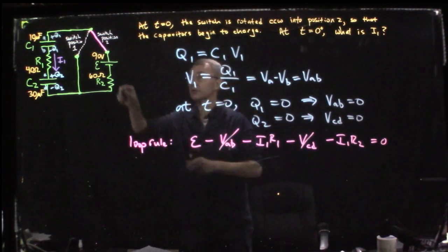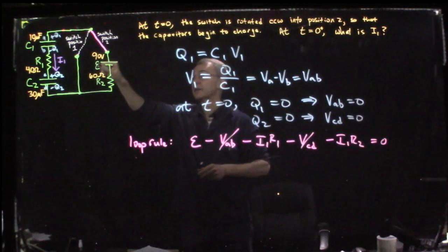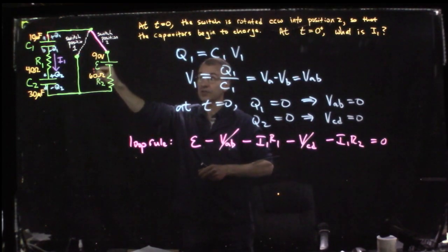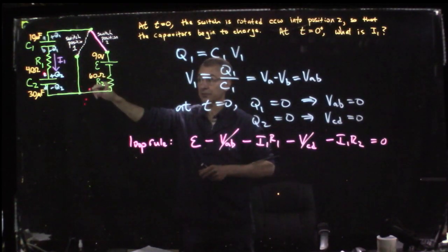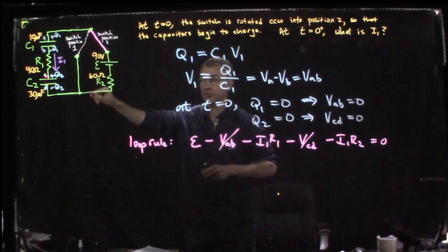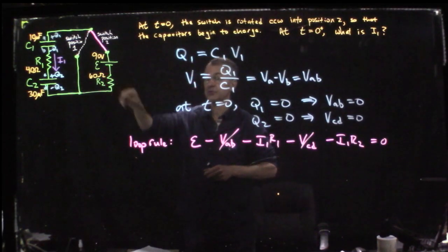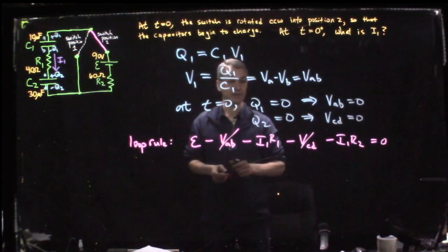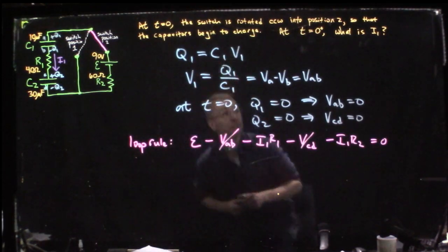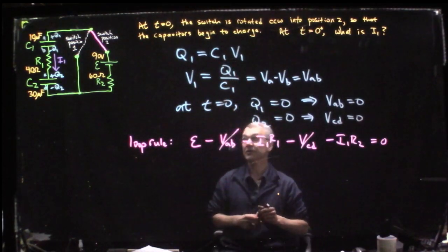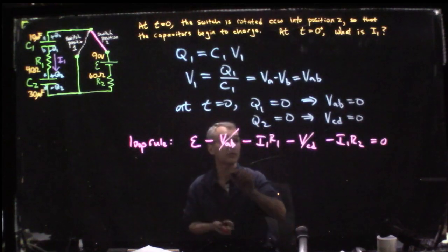So we went around the loop from the top of the battery down through this capacitor, which is basically like a wire at this instant when it's completely discharged, through R1 downward, through capacitor 2, which also is like a wire at this instant when it's fully discharged, and then across and back up through R2 to the negative terminal of the battery.